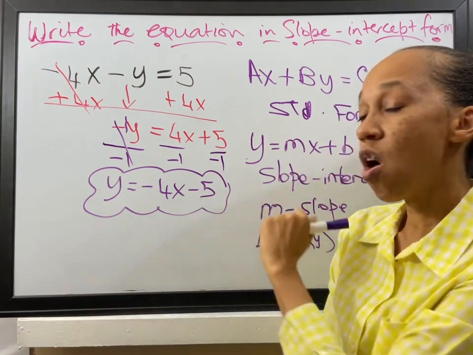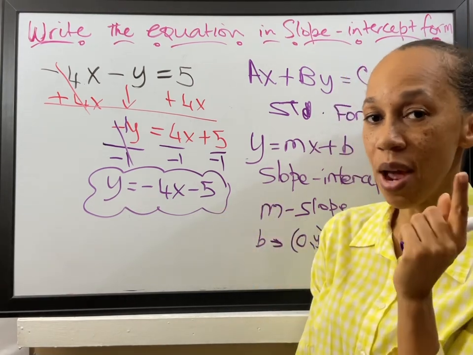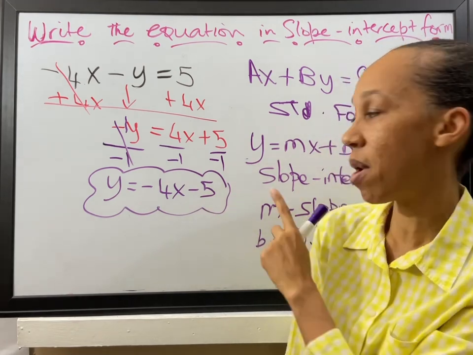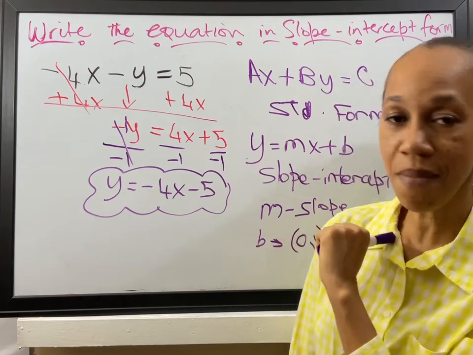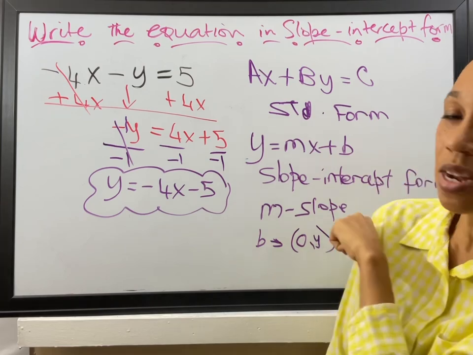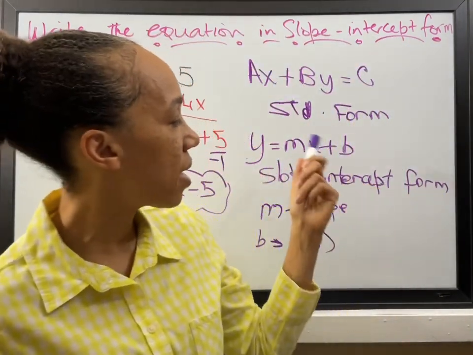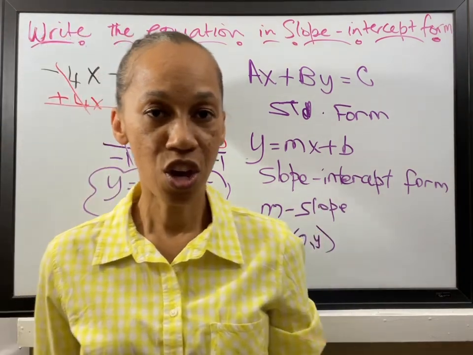Your B or your y-intercept is negative 5, meaning that the coordinate where that should be on your graph is at 0, comma, negative 5. All right, so that's your B. So just be mindful there. Always, if you're given your equation in standard form, you have to write it in slope-intercept form, and you know that your slope is there, and you should be able to identify your B.